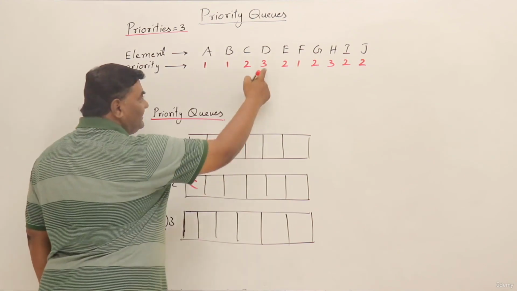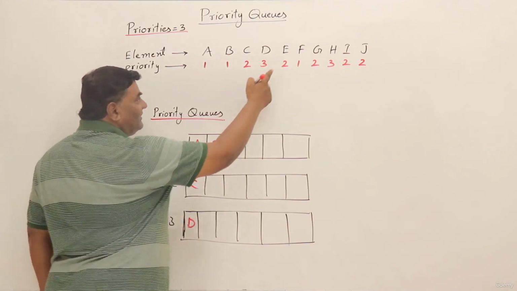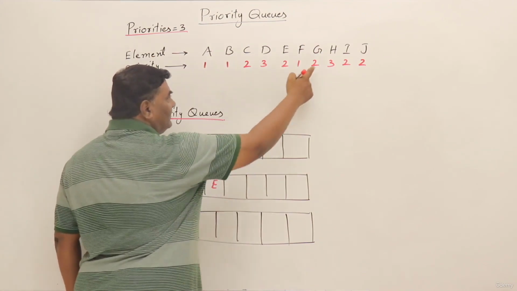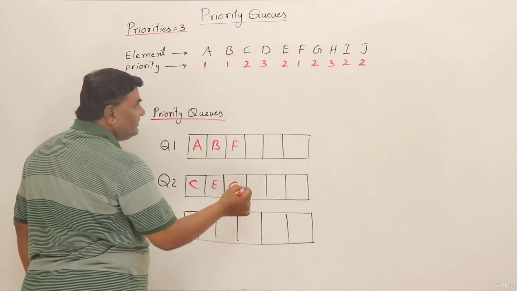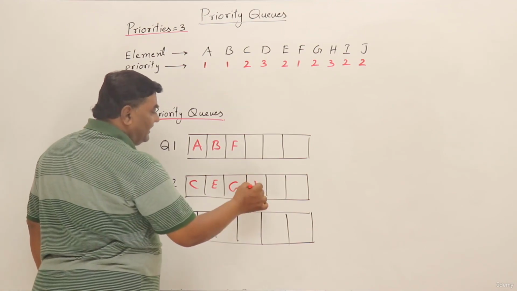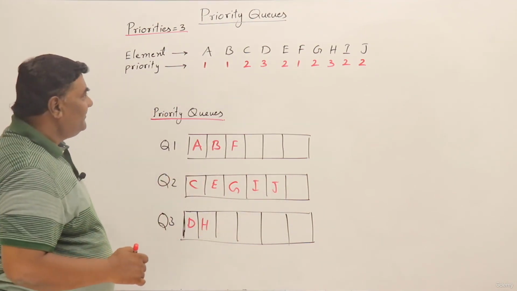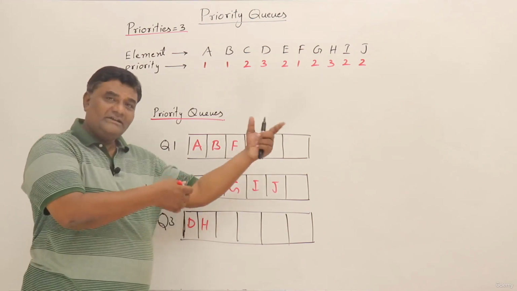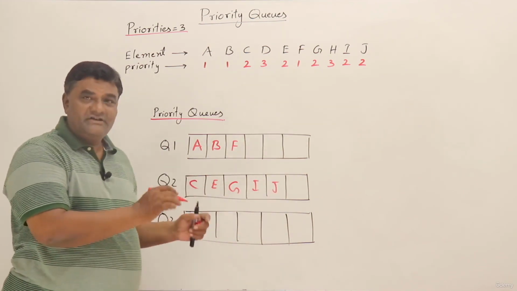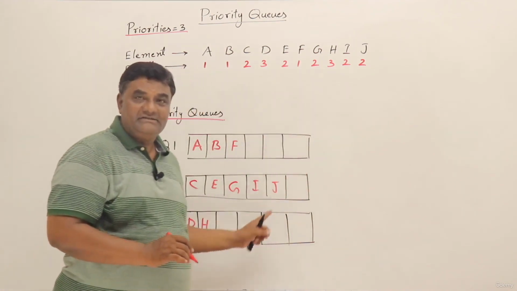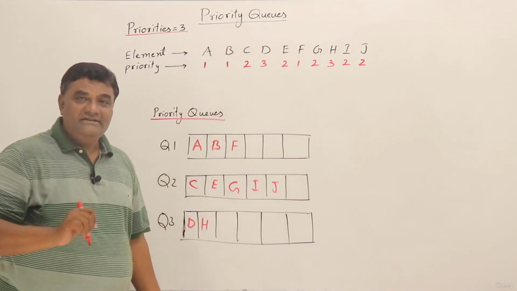C is 2, D is 3, E is 2, F is 1, then G is 2, H is 3, I and J are 2. So I have inserted the elements based on the priority. If more elements are coming, I will be inserting them. Whenever I have to insert any element, I will check its priority and insert it. That's it.